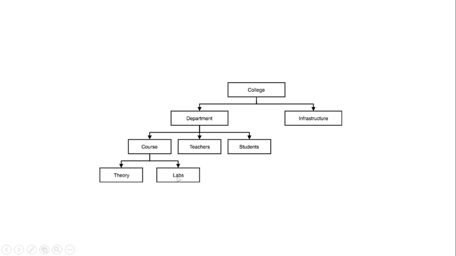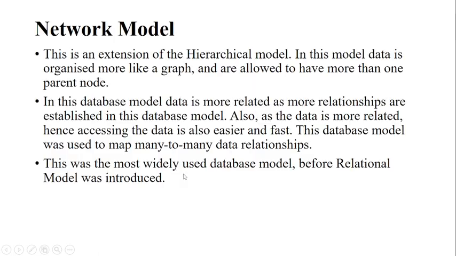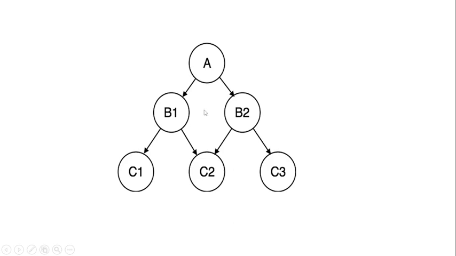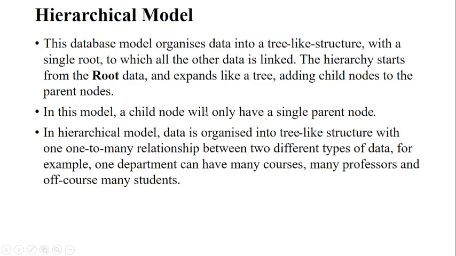Here, theory and labs are children of a course. So course acts like a parent, and theory and labs are the child nodes. In this database model, data is more related, as more relationships are established. In this model, a child node will only have a single parent node.